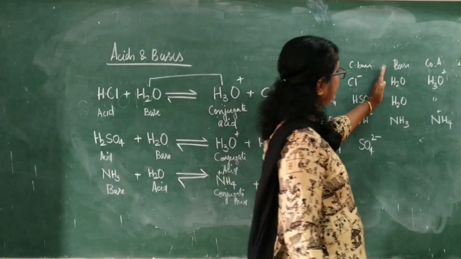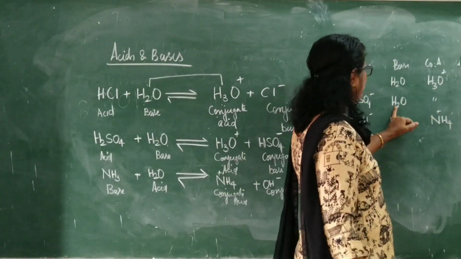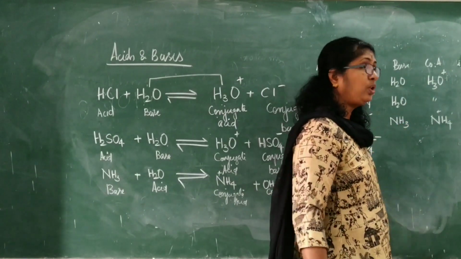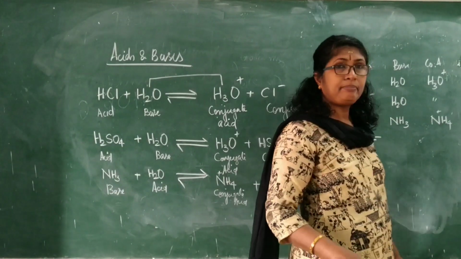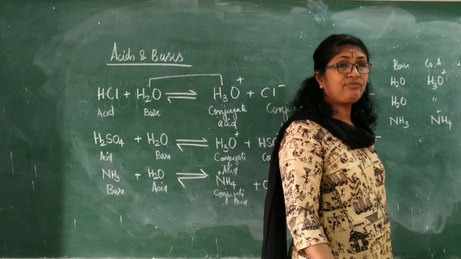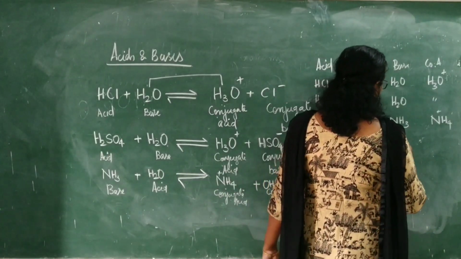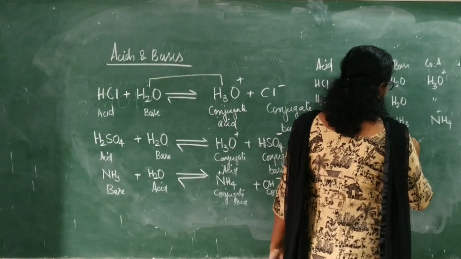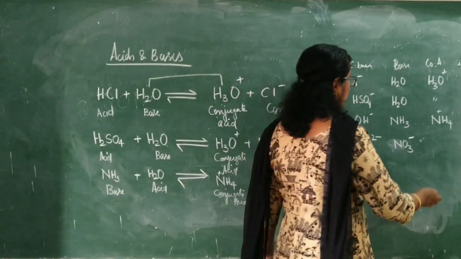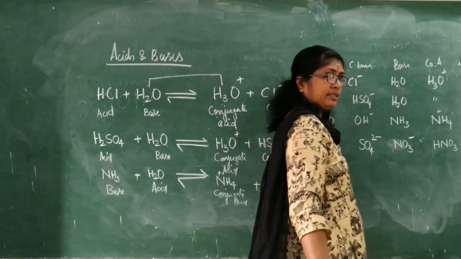You take the base H2O, its conjugate acid has 1 proton more. H2O, H3O plus; NH3, NH4 plus. So the base and its conjugate acid: the conjugate acid will have 1 proton more. Now can you tell me NO3 minus. Its conjugate acid, 1 proton more, that means HNO3. It is the conjugate acid.